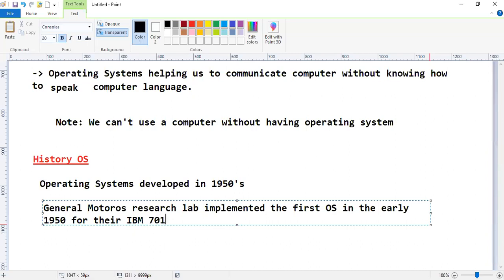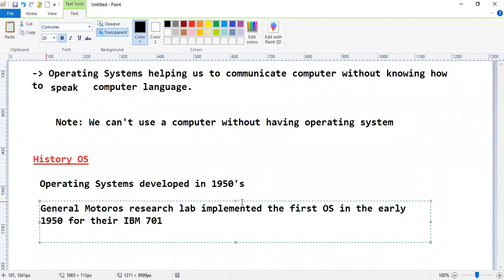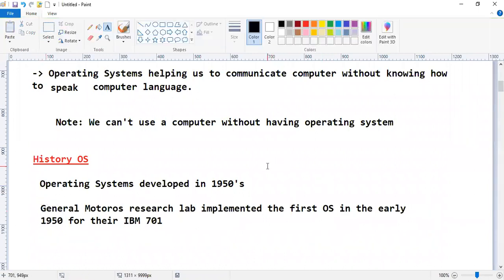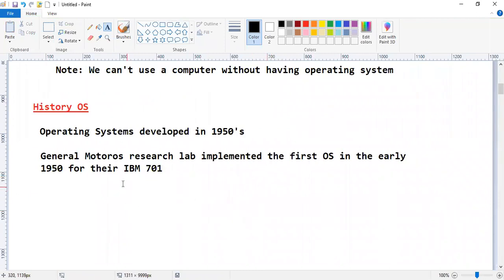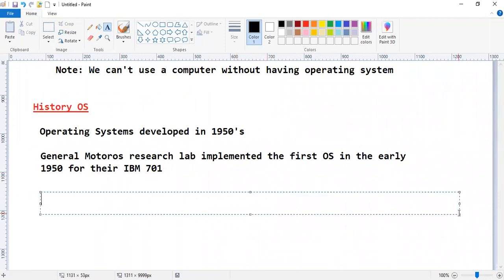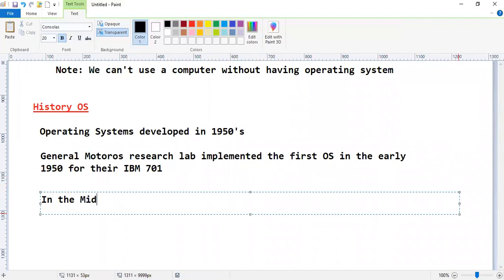For their IBM 701 project, General Motors people implemented the first operating system in their lab in the 1950s.